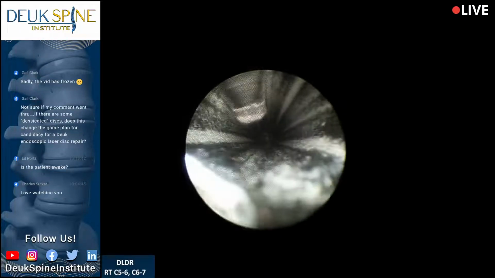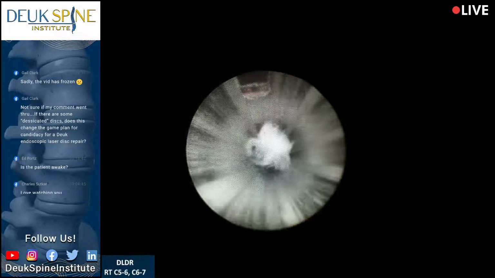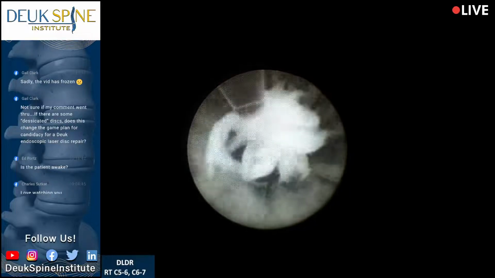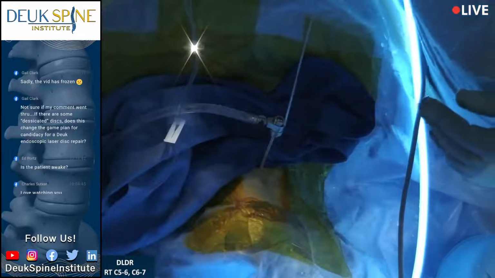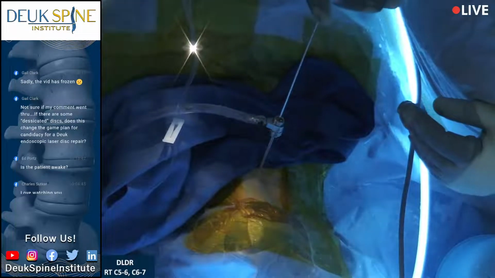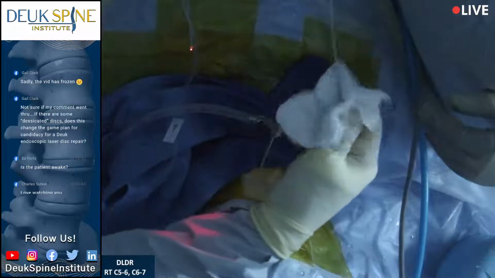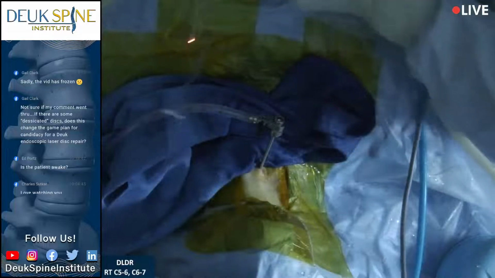So remember, herniated discs don't just happen at one time point. They're a repetitive process. I'm going to have to grab it out. The first step in a herniated disc is to have a tear in the back of the disc. Once you have a tear, then you can squeeze out jelly.